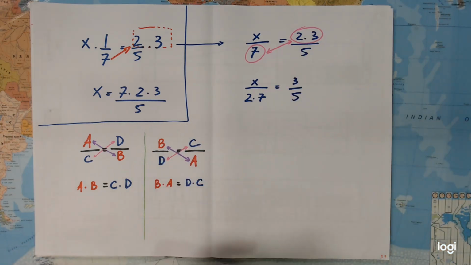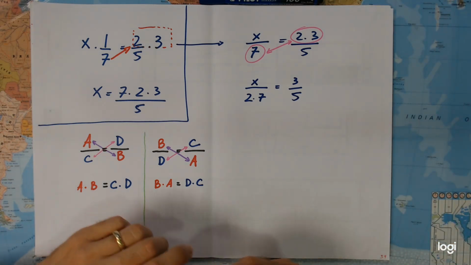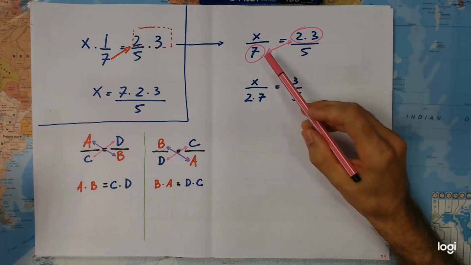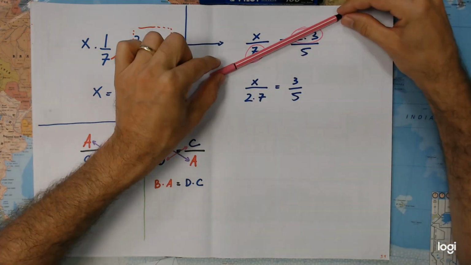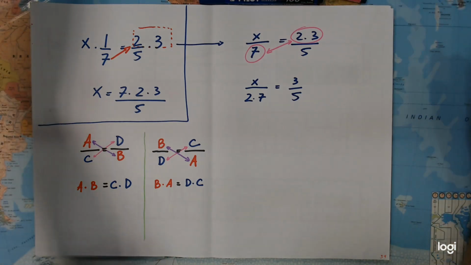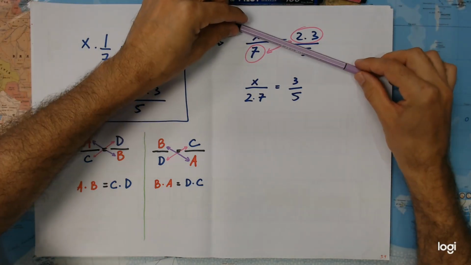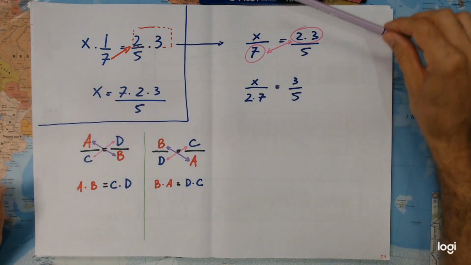So what I'm saying is, that is why cross multiplication works, because it doesn't matter if the 7 is in here or up here, as long as it is in this diagonal. And it doesn't matter if the 5 is here or up here, as long as it is in this diagonal.